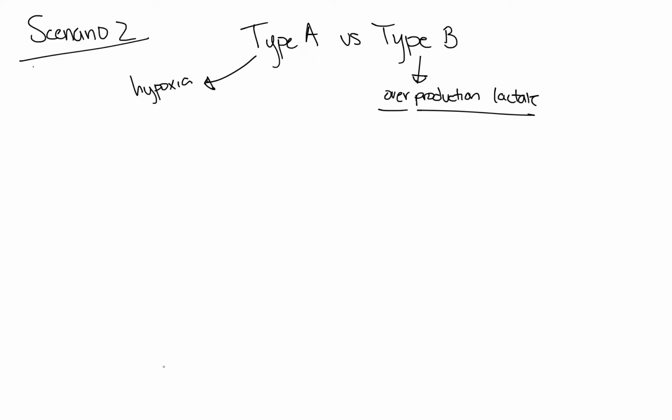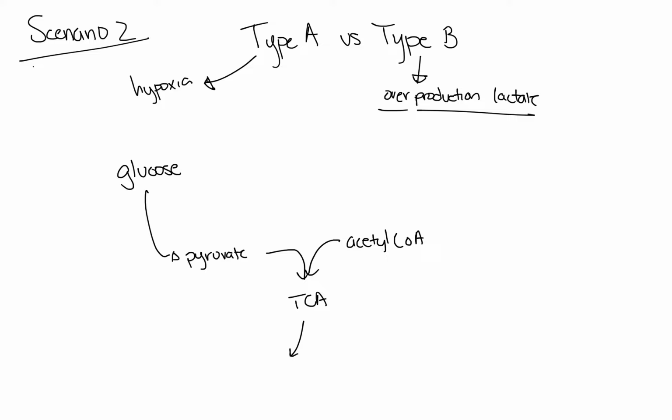I apologize for taking us back to biochemistry and maybe a little bit of medical school here, but normally we think of glucose converting into pyruvate, and then this combines with acetyl-CoA in order to get into our TCA or Krebs cycle, where we then go to our electron transport chain and develop the majority of our ATP, the energy we use to create all our bodily life processes.